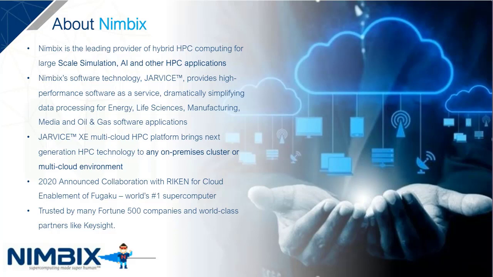We're currently supporting customers in 74 countries across the globe. We're engaged in a collaboration with Riken for some cloud enablement of Fugaku, which is considered the world's number one supercomputer. And we're trusted by many Fortune 500 companies, including world-class partners like Keysight.